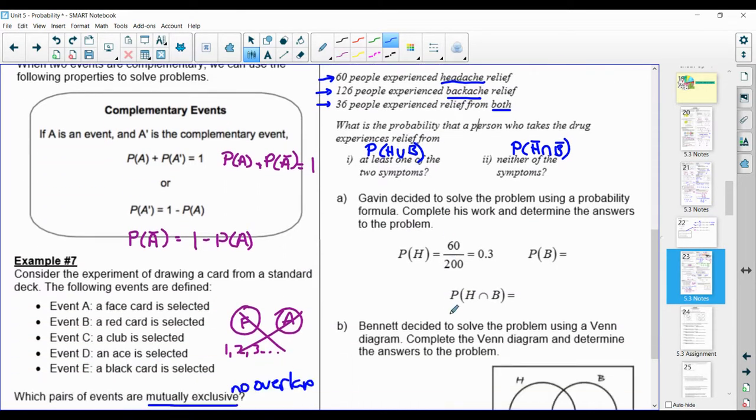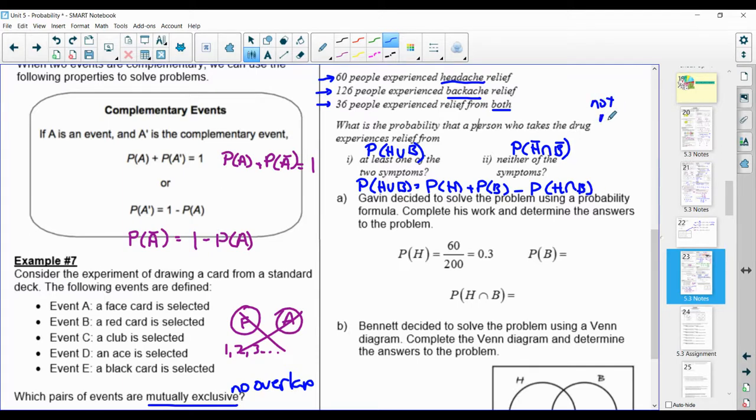Gavin has decided to solve the problem using a probability formula. So he's going to be looking at the probability of H or B being the probability of H plus the probability of B minus the overlap. Now, we've already been told there's an overlap, so we know this is a not mutually exclusive event.